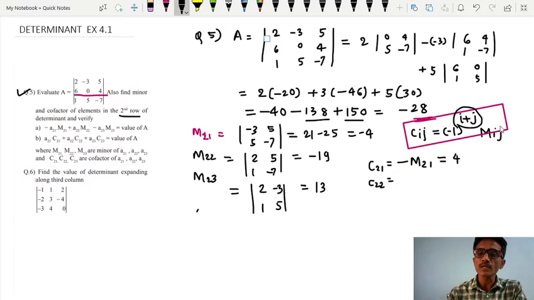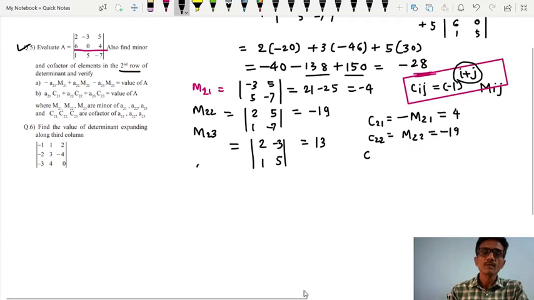Minus 1 raised to power even will be plus, so it is M22. Whatever sign M22 has, the same sign we carry. As it is a negative sign, the negative sign is carried. We will not change the sign of this. And C23, that is the cofactor of the next element.